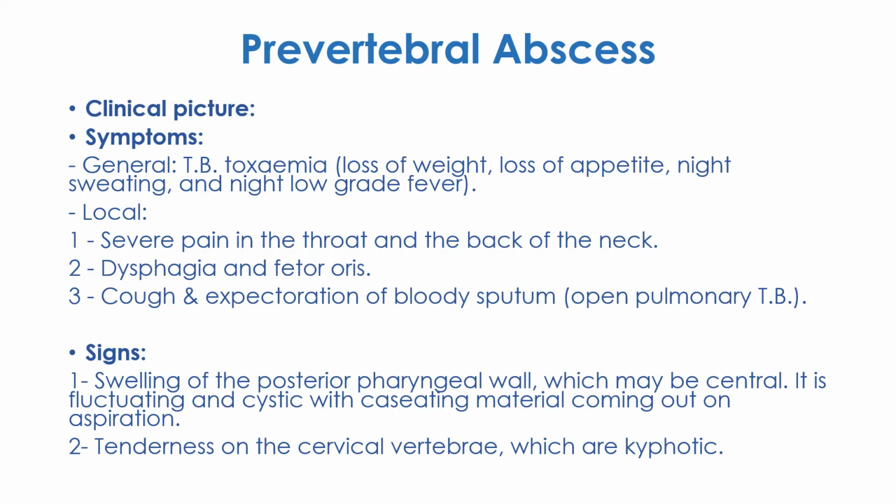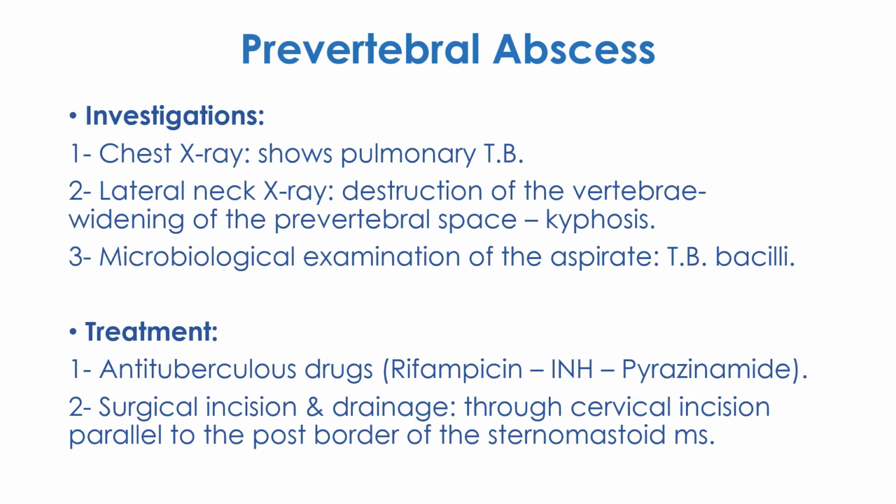Signs: there is swelling in the posterior pharyngeal wall in the midline, and it is a fluctuant and cystic swelling with caseating material coming out on aspiration. There will be tenderness over the cervical spine, which is kyphotic.